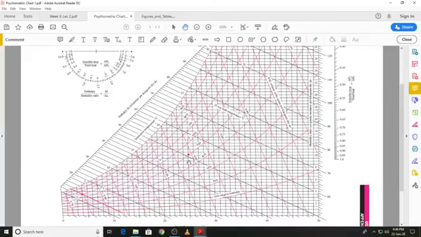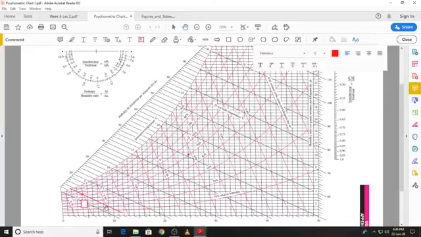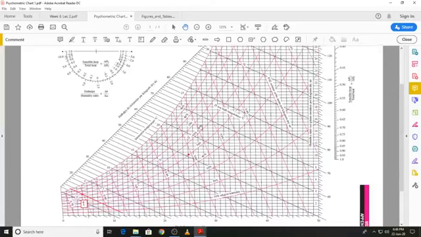We go straight up where this line intersects the 50% relative humidity line, that is state 2. So this will be state 1 over here, and we have state 2 over here.